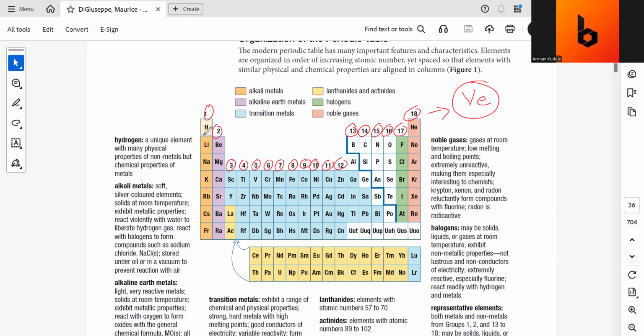Group 1 has one valence electron, group 2 has two. Transition metals we ignore, and we go to 13. So 13 means 3 valence electrons, 14 means 4, 15 means 5, 16 means 6, 17 means 7, and 18 means 8 valence electrons. You are aware of this, right? Good.